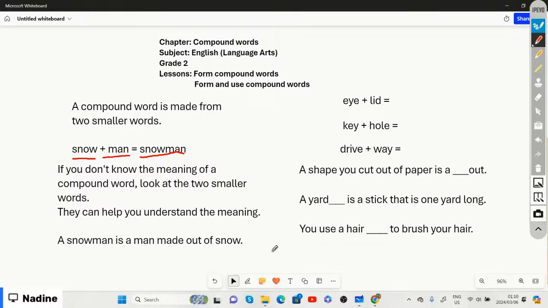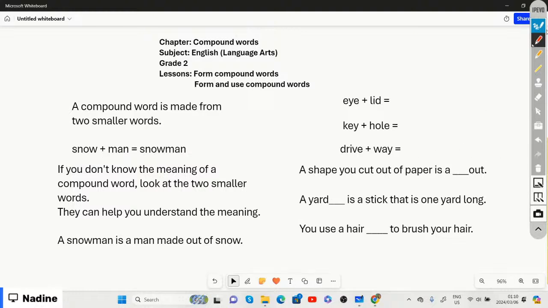So we said once again, if you don't know the meaning of a compound word, you can look at the two smaller words.